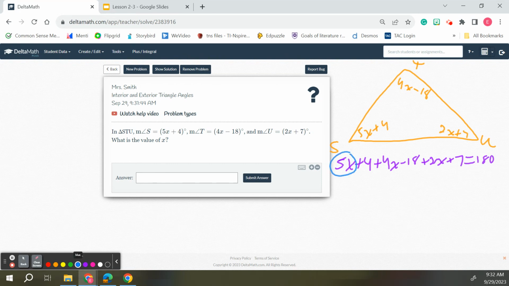I'm going to combine my like terms. This leaves me with 11x. Then 4 minus 18 plus 7 is negative 7, sorry.